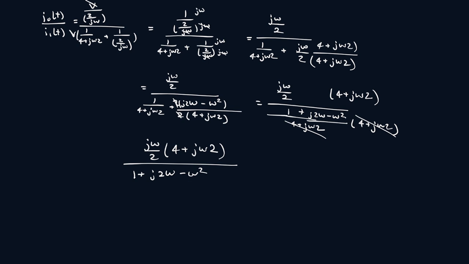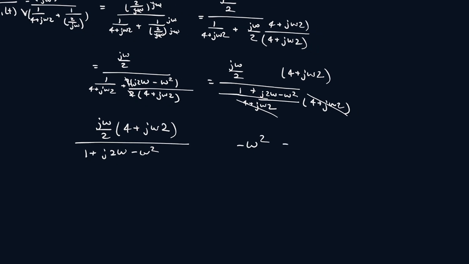But what we know is the following. The following is actually true. So minus W squared is equal to plus JW squared, because this is the same thing as J squared times W squared, so minus W squared. So we are just going to replace this with the following.